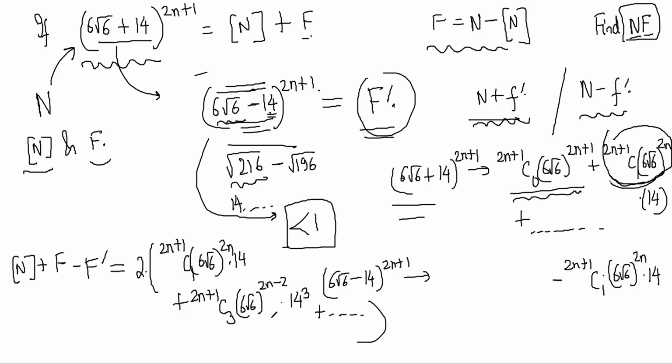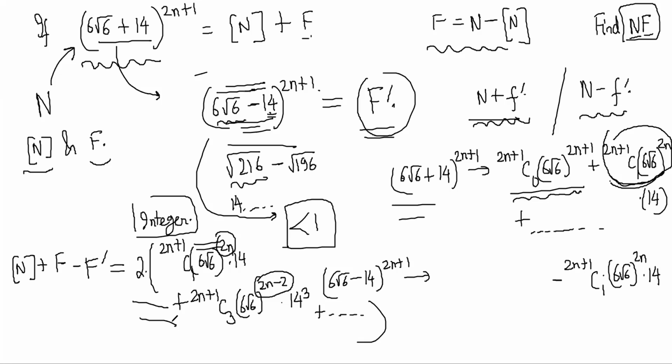Notice that the powers of 6 root 6 are all even, so root 6 will be cancelled out. It will become an integer basically. So what we are getting is this side is an integer.